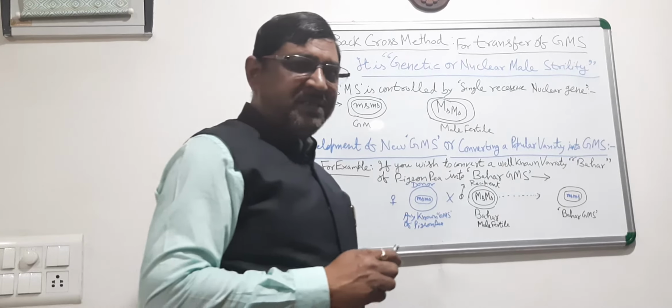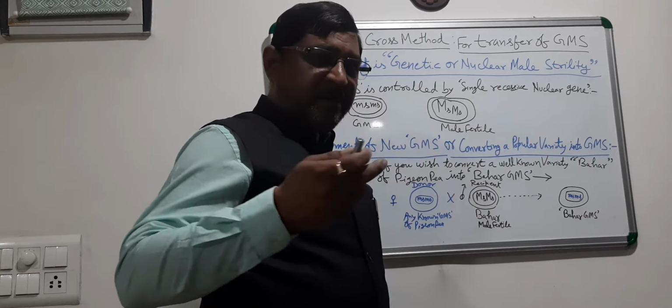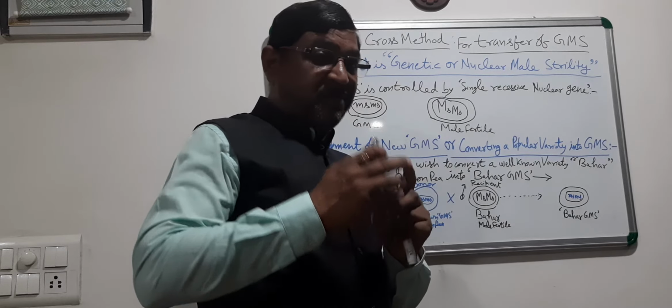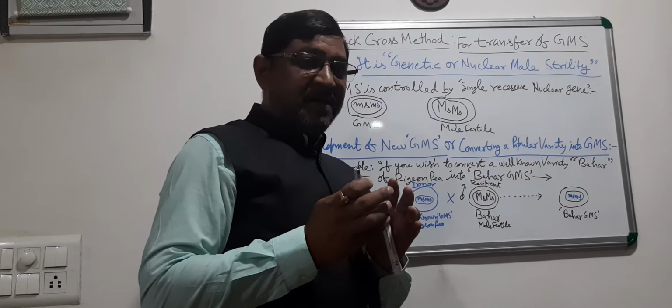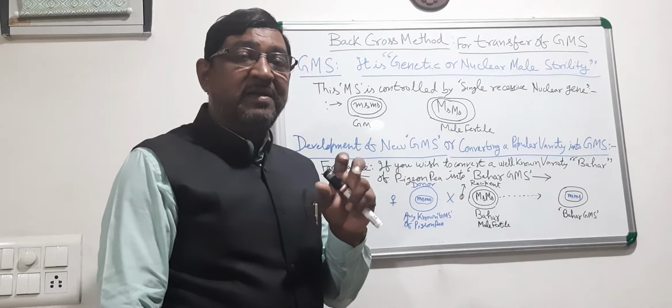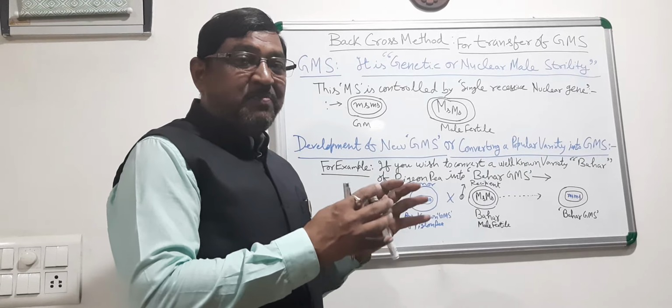What is that difference? In that case, I had dealt with your recipient variety, which is the popular variety you are converting. In that case, that should be female. But here, what is the problem?